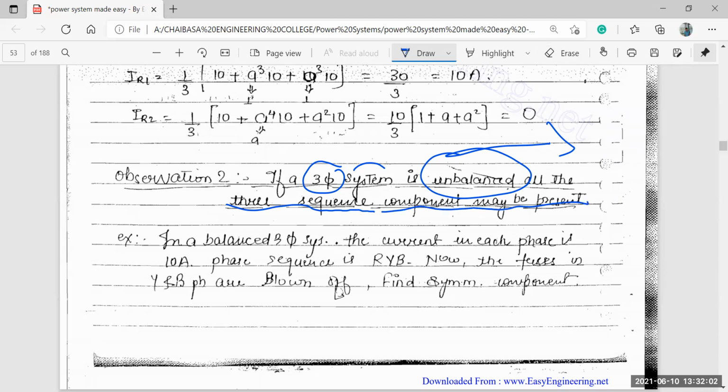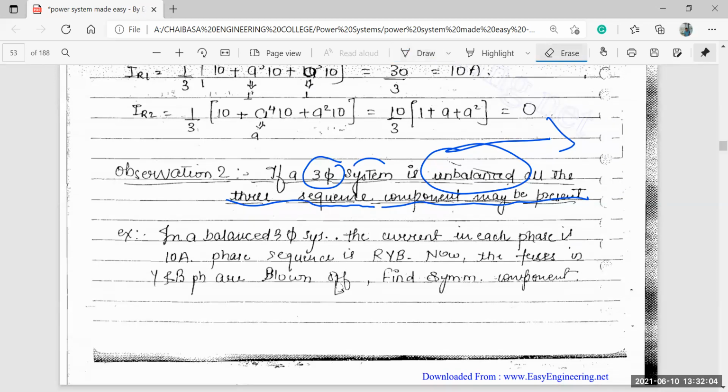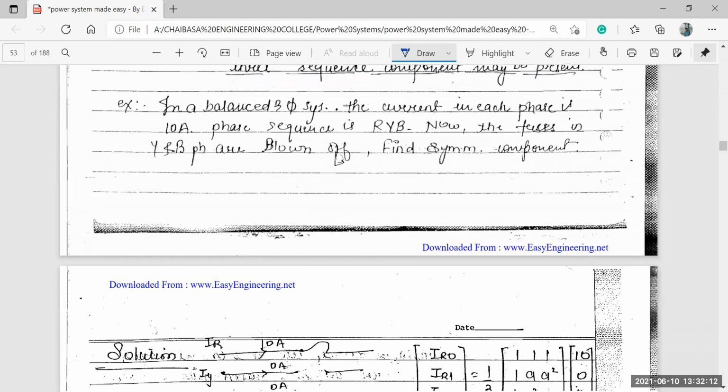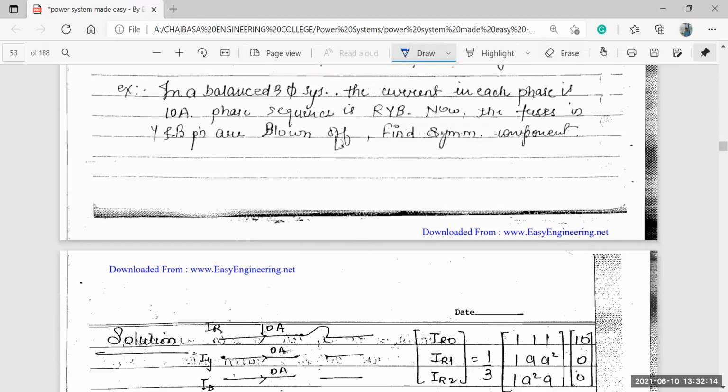We'll see how they have solved one of the numericals given just below. Okay, now the example they have taken: in a balanced three-phase system, the current in each phase is 10 ampere.